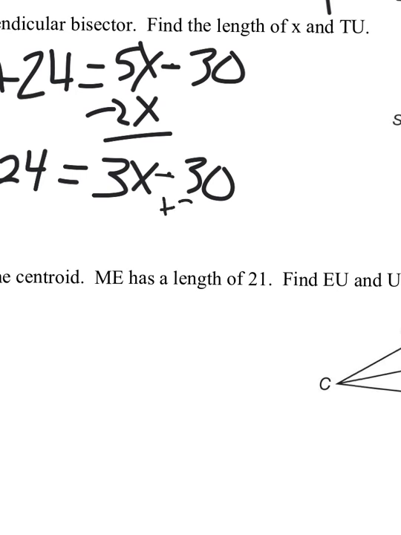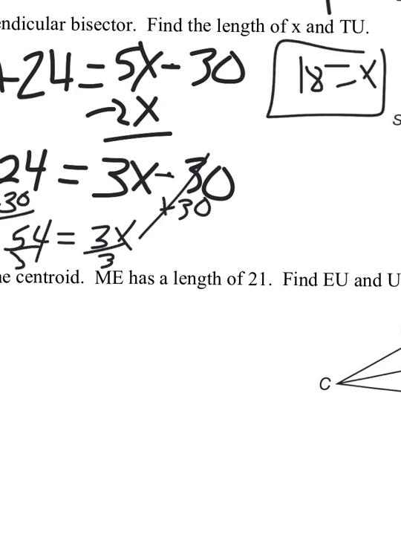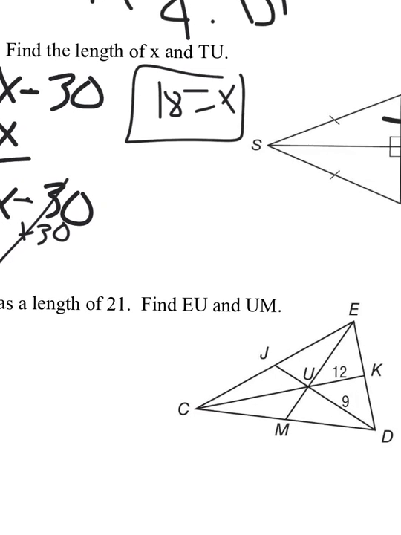We're going to have to add 30 to cancel here. You get 54 equals 3x. And divide by 3, x is 18. So there's the x part.